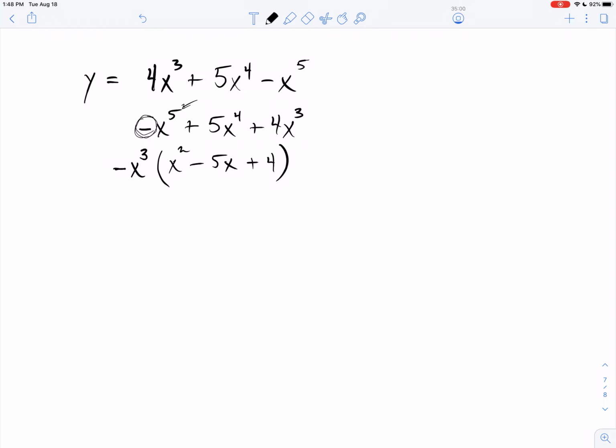Oh, crap. I forgot to write this in at the beginning. Hang on. Guys, if I was in the classroom, I'd be able to do this. Okay. I forgot that's supposed to be a negative. So when I pull out the negative, this would have to be a positive here now. Okay, sorry. I wrote a sign error down when I wrote down the original.